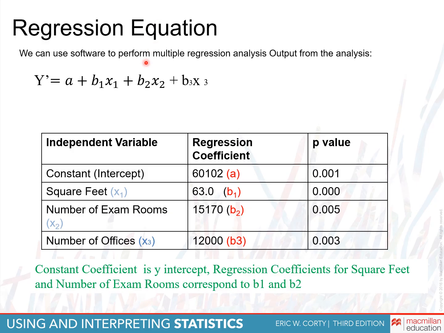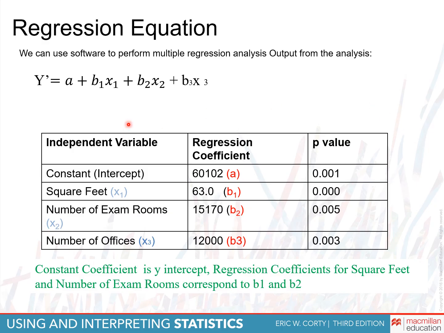All right, so now we can actually perform our multiple regression analysis, and we usually use software to do it. Again, we have our equation, y prime equals a plus b1 x1 plus b2 x2 plus b3 x3. This is what we might get from our software.